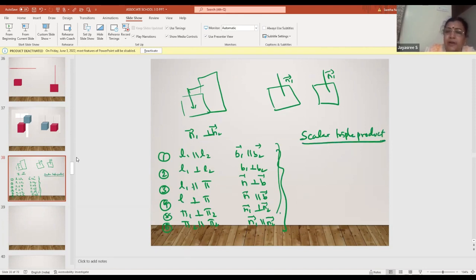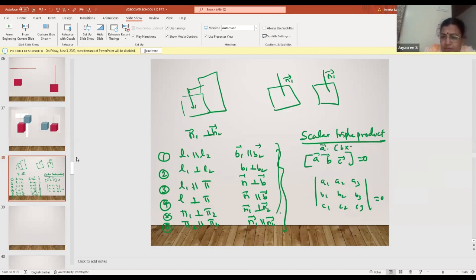In that scalar triple product, the A vector, B vector and C vector scalar triple product is equal to 0. That means we do it as a determinant with rows A1, A2, A3, B1, B2, B3 and C1, C2, C3, the components, equal to 0. And we get it through the coplanar concept. Scalar triple product, A dot B cross C, we do it.